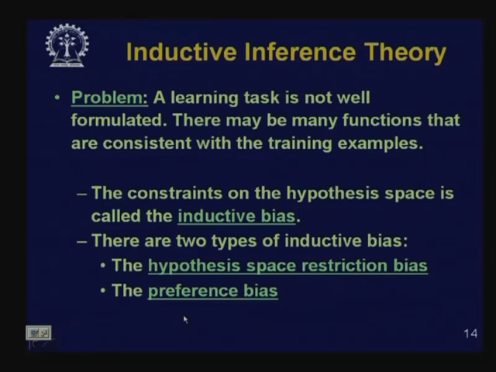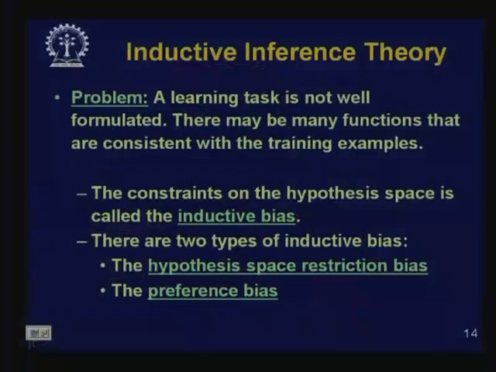So, a learning task is not always well formulated. There could be many functions which are consistent with all the training examples, and the algorithm must have an inductive bias on the basis of which it will decide one of the hypotheses. There are several types of bias that could be used.